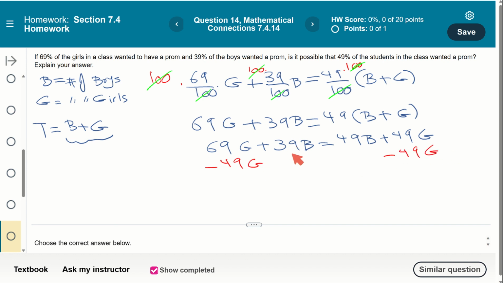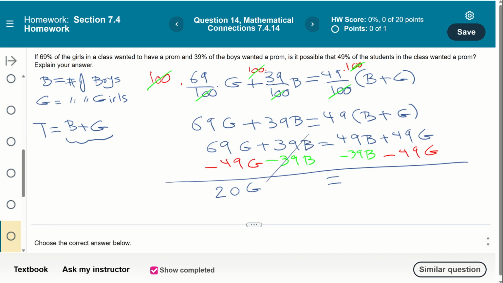And now we're going to move the number of boys to the right side, so we'll subtract 39b from both sides as well. So now we're left with 20g on this side, these of course cancel out, and 10b on the other side. These cancel out as well.